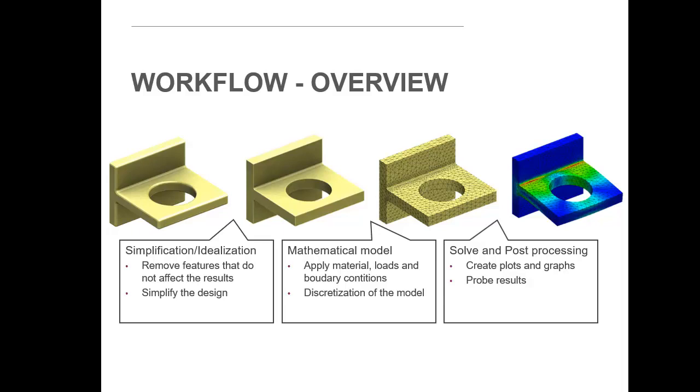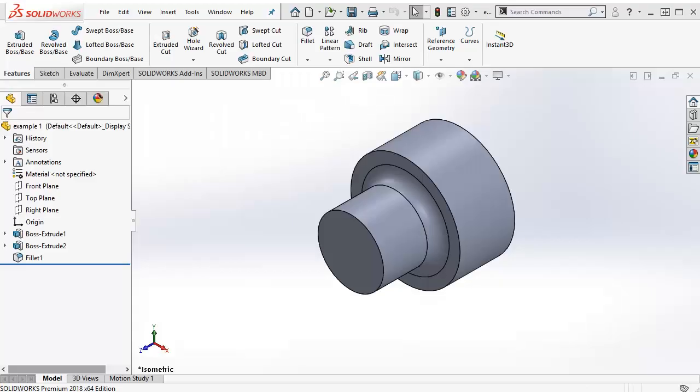Then, to set up the simulation, we apply material properties, define loads and boundary conditions, and create the mesh. After that, we send it to the solver, and the computer does the solving. When that's done, we can extract the results that we're interested in the form of plots, graphs, animations, and so on. So, let's have a look at SolidWorks Simulation.